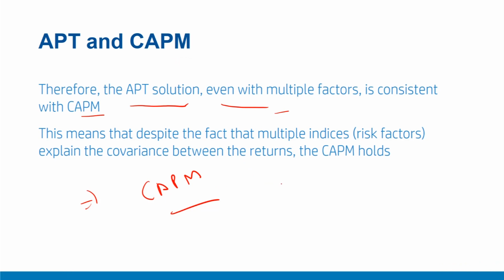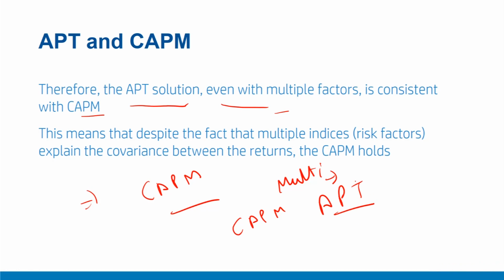So with multi-index return generating process, the APT model that is derived with multiple indices that explain the covariances or co-movements between the stock returns, even there, if we assume CAPM holds, there is nothing that violates that assumption. That means CAPM is consistent with APT even when the return generating process is one with multi-indices.